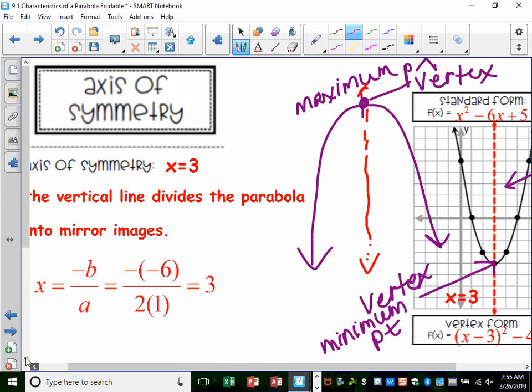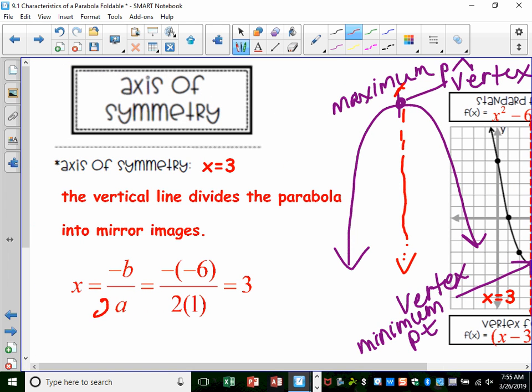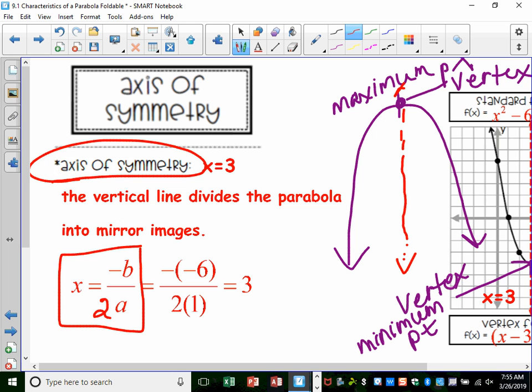Here is a formula that you're going to write down. This formula is for the axis of symmetry. It's a very easy formula to use. It's based on our equation, y equals x squared minus 6x plus 5, which we wrote in standard form.